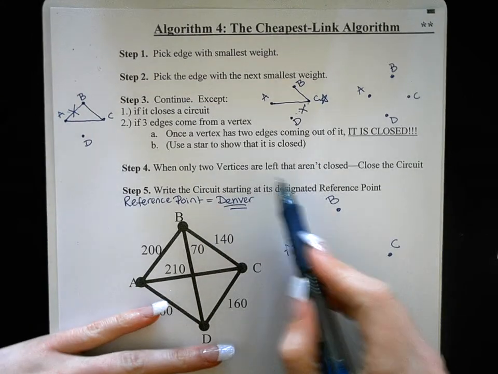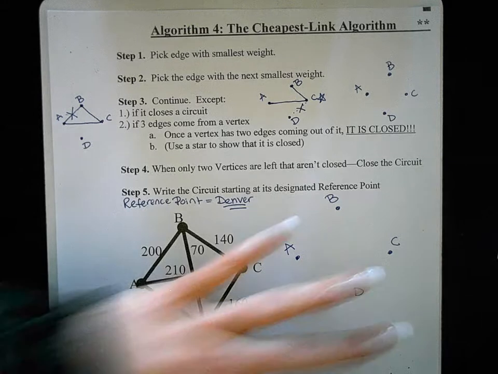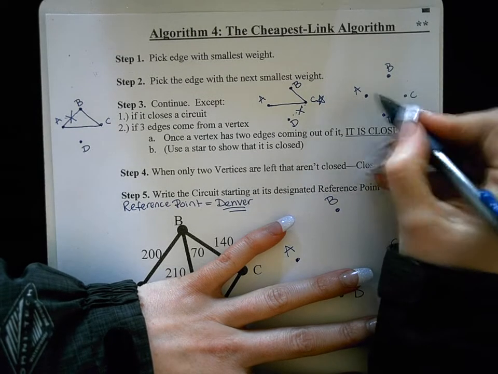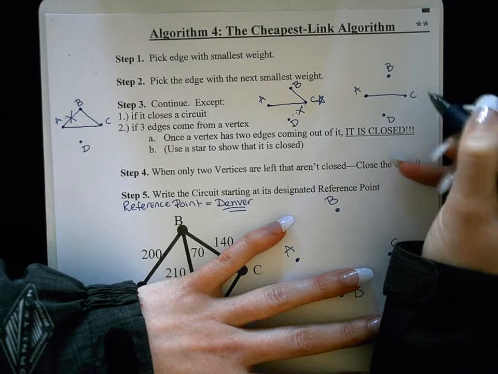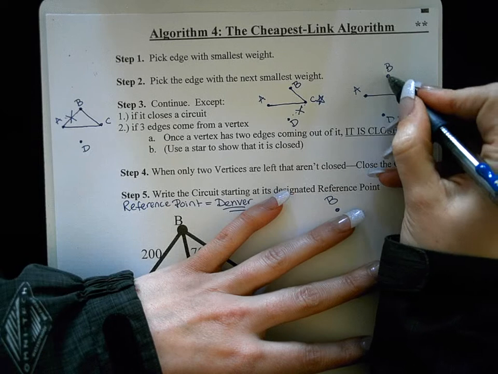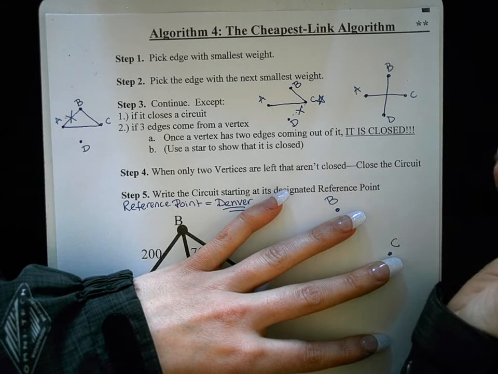When only 2 vertices are left that aren't closed, then you know it's time to close a circuit. So I'm going to do a made-up example again just to illustrate what that means. Let's say this is the smallest edge, and then the next smallest edge is BD, and they don't have to connect. That is okay.